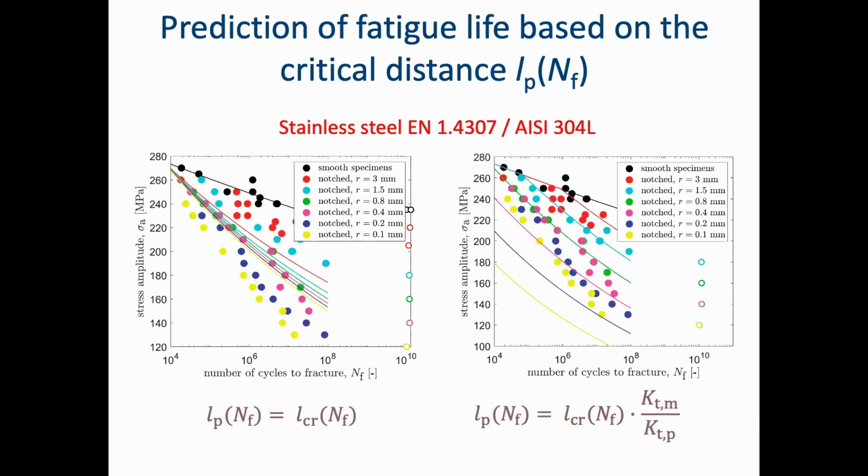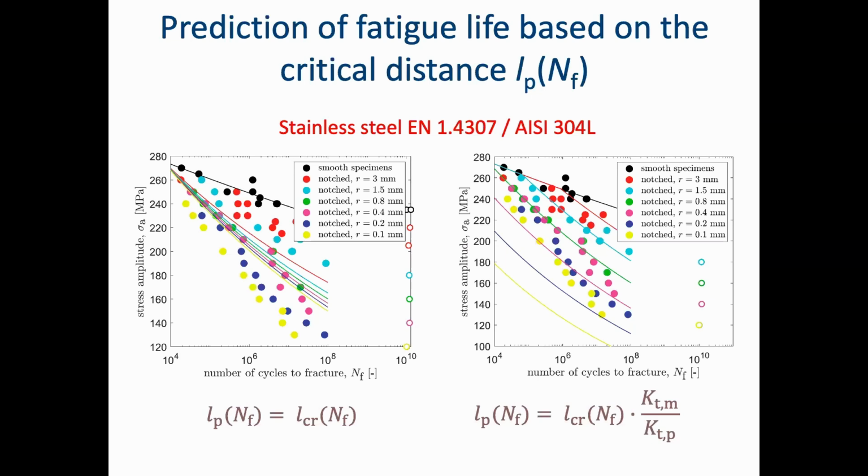And similarly, we took another material, stainless steel. Here are the original predictions from classical critical distances. Here are the predictions from the modified approach. Here you can see that the predictions are not so good for blunt notches. They are good, but for sharper notches, they are quite conservative.